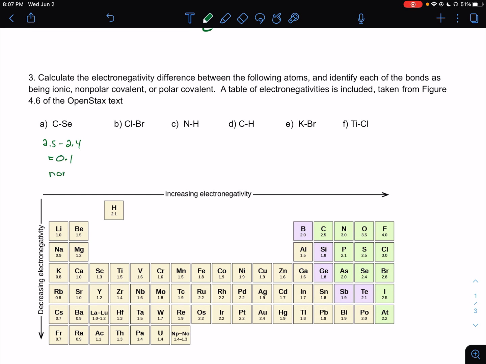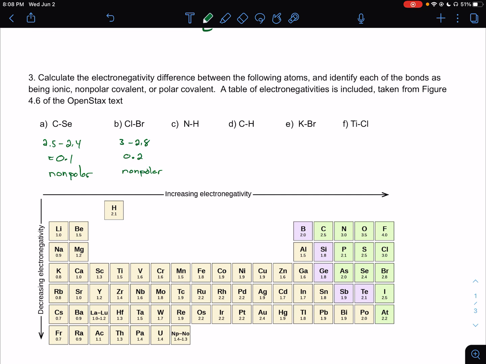So this would be a non-polar bond. For our ClBr, here we're looking at Cl is 3 minus 2.8. This is 0.2, so non-polar.